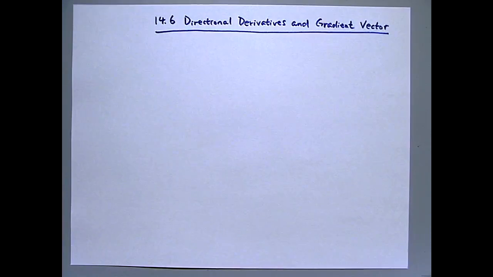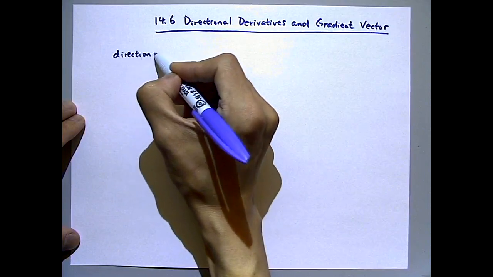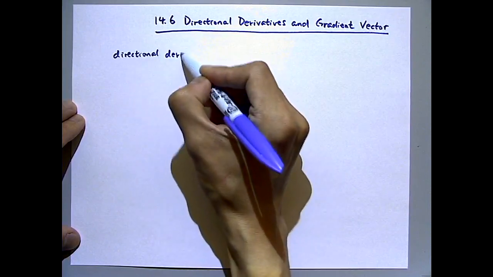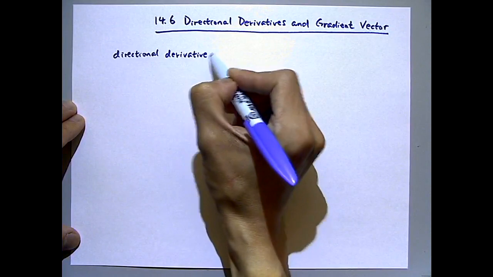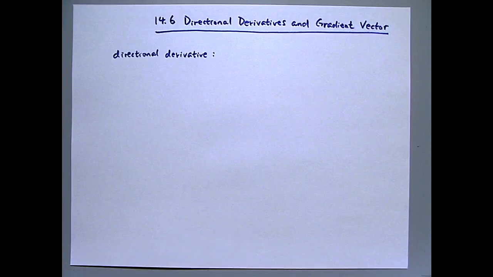A lot of what we'll be doing in the second half of the course will have something to do with gradient. This thing is going to be showing up all over the place. So first, let's take a look at directional derivative. A directional derivative is telling you how fast something is changing once you've declared a direction.